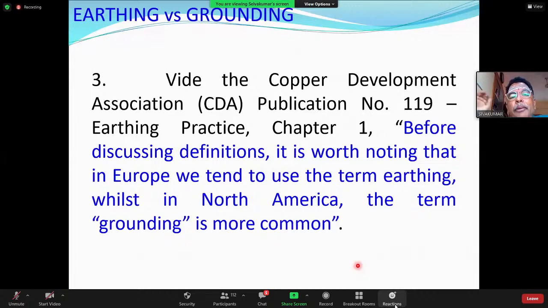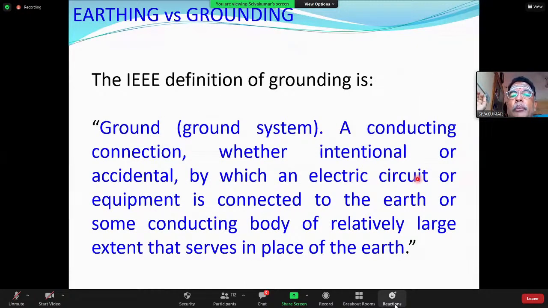The same Copper Development Association book further elaborates the IEEE definition. The IEEE definition of grounding is: ground or ground system, a conducting connection, whether intentional or accidental, by which an electric circuit or equipment is connected to the earth. For use within Europe, in the previous IEEE definition, you use find and replace.